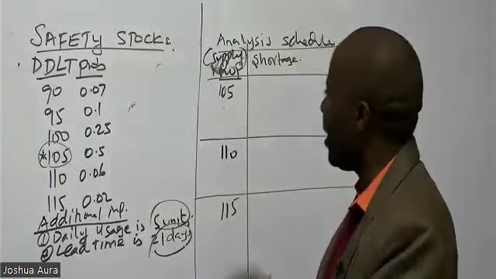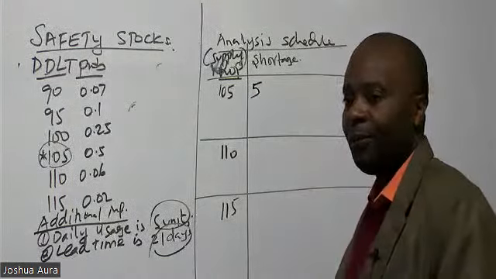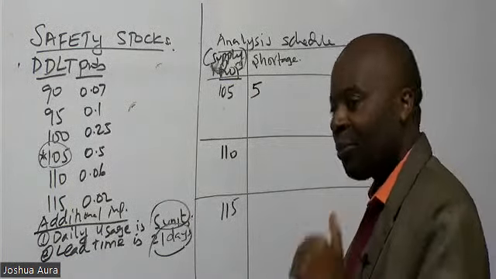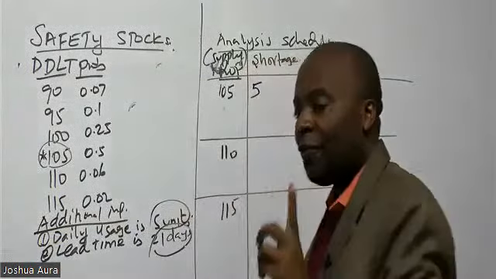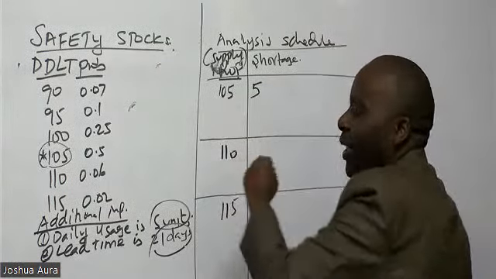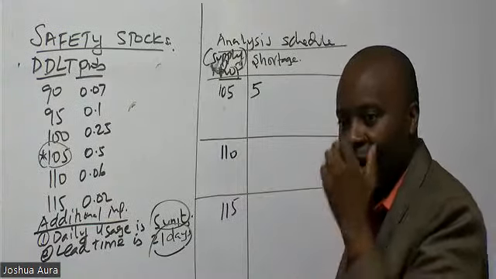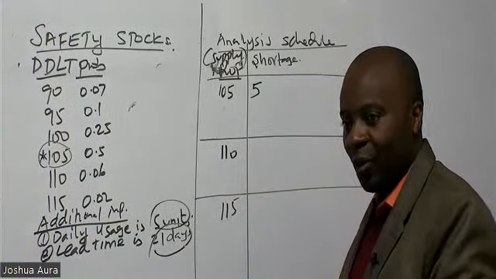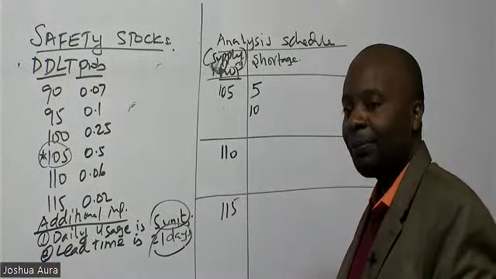So we write that as a possible shortage. The other shortage possibility is that 115 come. If 115 come and we had prepared ourselves with just 105, then we shall disappoint 10.